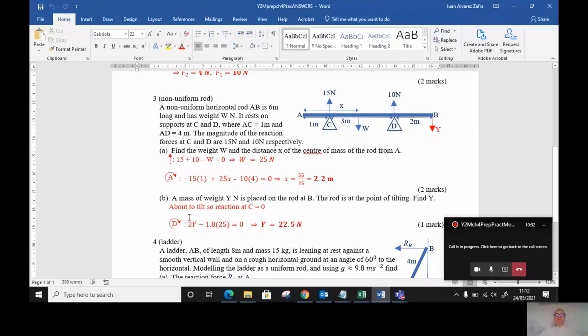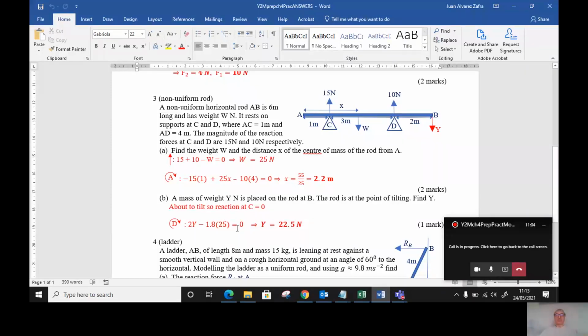So the turning effect will be 2Y clockwise, and then the distance of W, now that we've worked out that X is 2.2, will be 1.8 from D, and we know the weight of the rod is 25, so the moment of W about D will be 1.8 times 25, but anti-clockwise. And so we get that 2Y minus 1.8 times 25 equals 0, which means that Y equals 22.5 newtons.